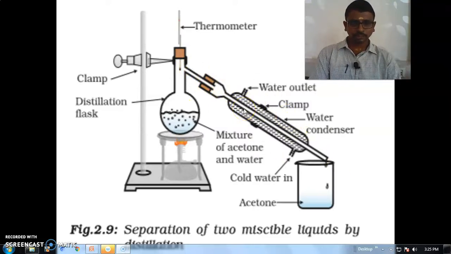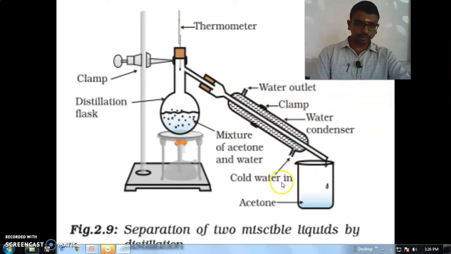So what is the purpose of the condenser? To avoid decomposition, the condenser is used. If we heat the mixture, the mixture can easily decompose, so to avoid the decomposition we do the process with the help of a condenser.